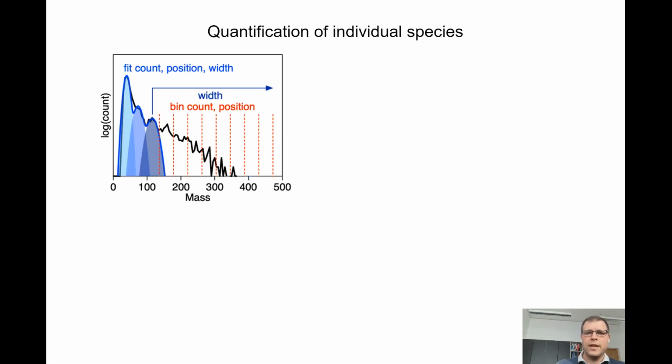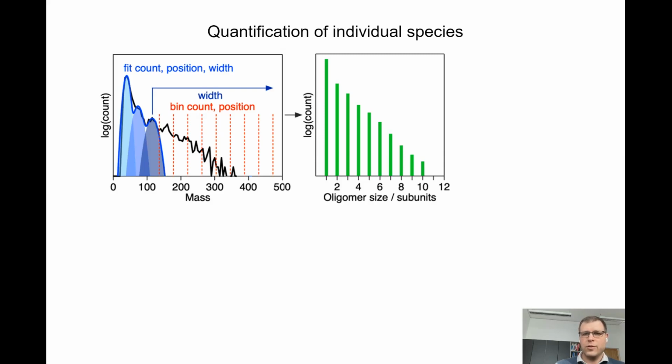And the way I've done it, I took the size distribution and used a combination of Gaussian fitting for the well-defined peaks, and just simple binning for the less well-defined peaks for the higher masses, and determined molecule counts for each oligomer size. And this can, since I know the overall concentration of actin, be directly converted into concentrations of each of these species.